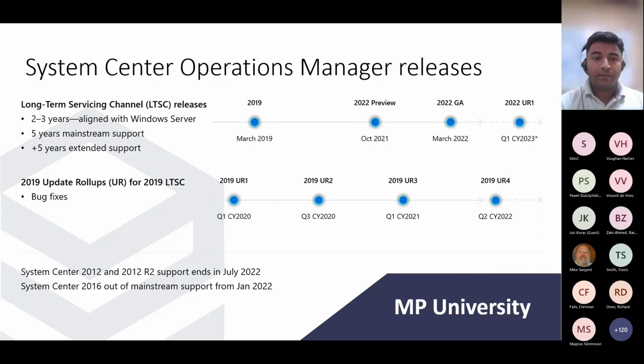I also want to highlight that supportability for the older product, SCOM 2012, ends with extended support in July of this year. And 2016, as I mentioned, is out of mainstream support, but folks who are on extended support can continue to use it. We will bring in any kind of security fixes whenever possible.